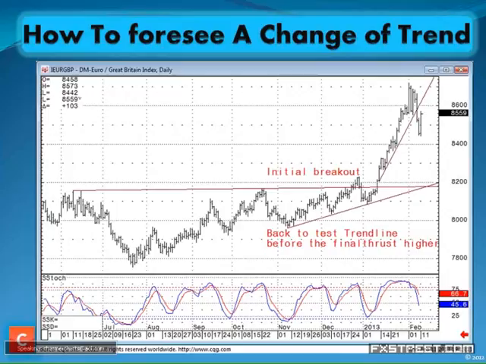It did. It held. Power of the trend line. And as you can see, on the second break, up we went. This is quite easy in hindsight, but I'm trying to show you that it's not only hindsight, it's how you can anticipate that a break is going to occur, and how you trade within that break.